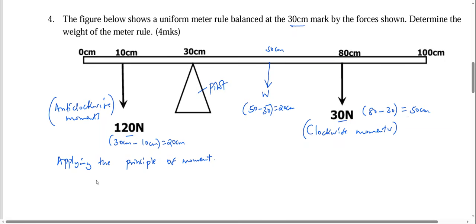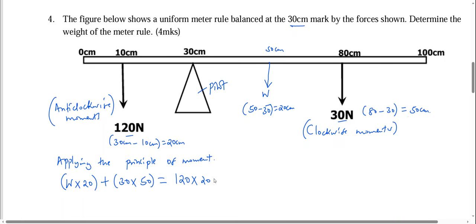Therefore, taking the moment in a clockwise direction, we will have the weight multiplied by its distance, which is 20 centimeters. I add on 30 Newton times its distance, which is 50, is equal to the anti-clockwise moment, which is 120 multiplied by its distance, which is 20.